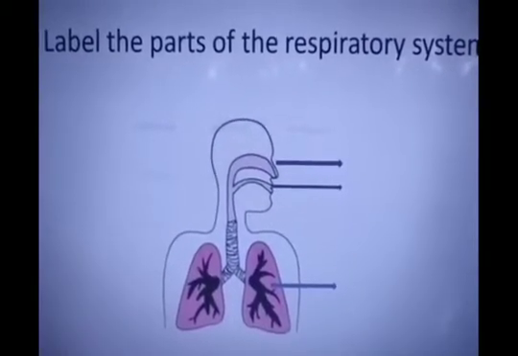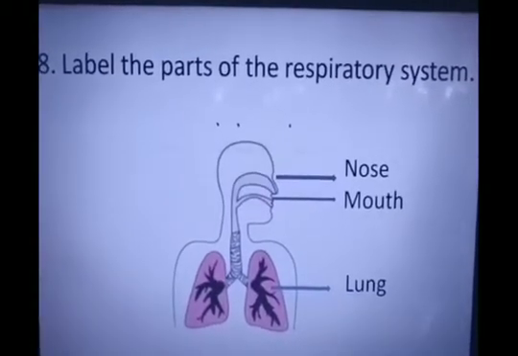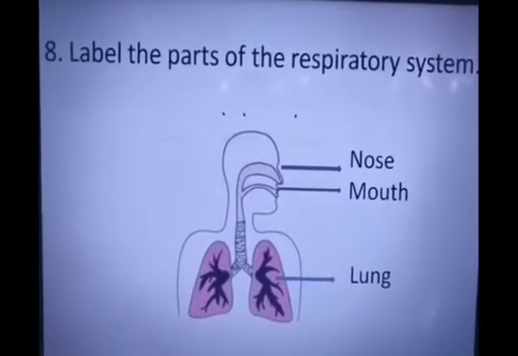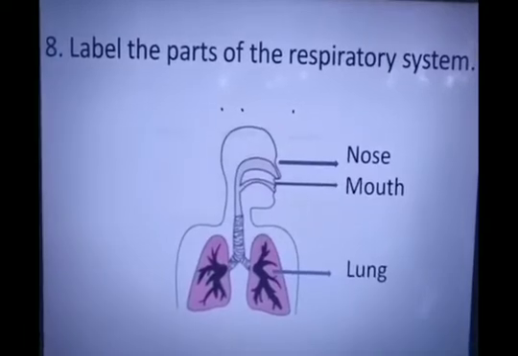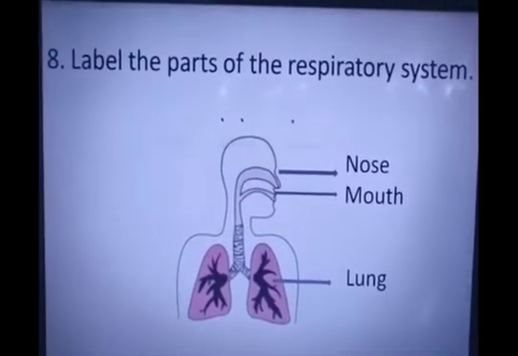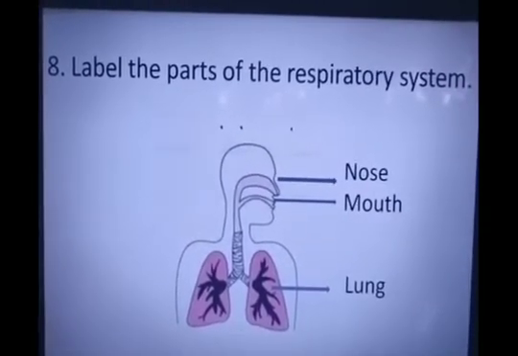Okay, so let's label the diagram. See, here we have labeled our diagram. The topmost part is the nose, then mouth and lungs. Okay, now let's move to our next question.